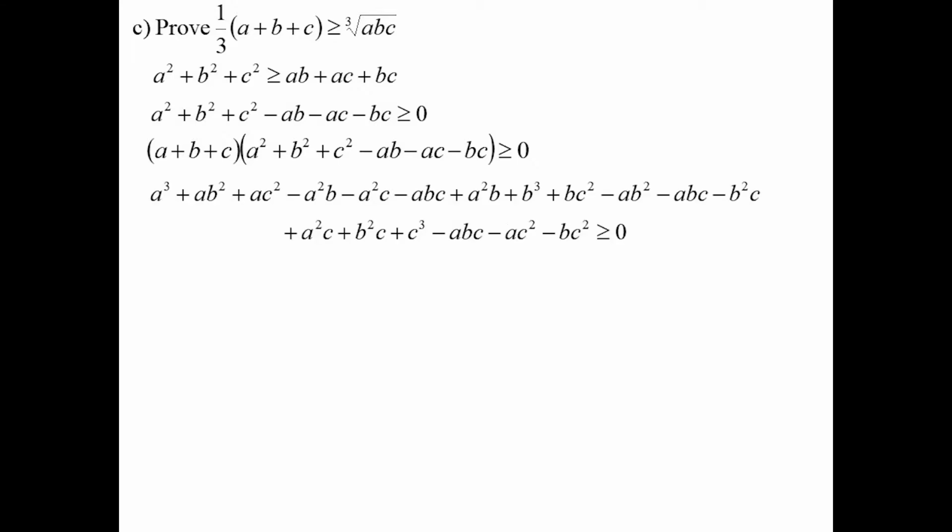So moving everything to the left-hand side, that's going to be greater than or equal to 0. If I multiply both sides of this by a plus b plus c, I've still got a true statement. Again, in this case, now I do need to assume a, b and c are positive. Well, if I was to expand that whole thing out, that's what I'd get.